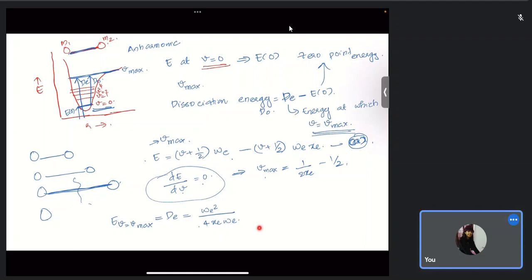And we need to find E0, which is E of V equal to 0, or E of 0. This is omega E by 2 minus omega E xc divided by 4. Since we already know omega E and xc, we can calculate the dissociation energy.